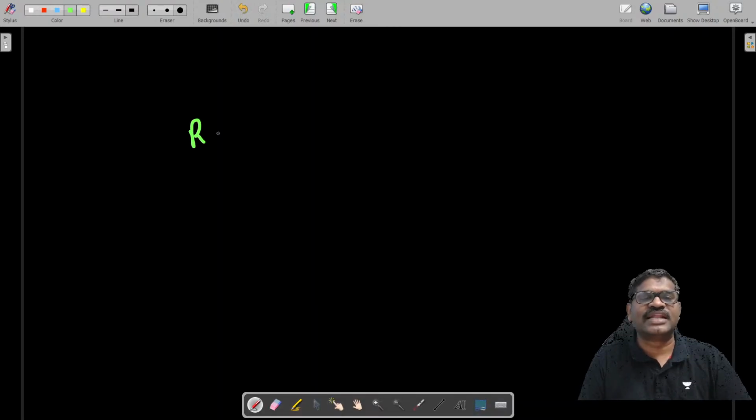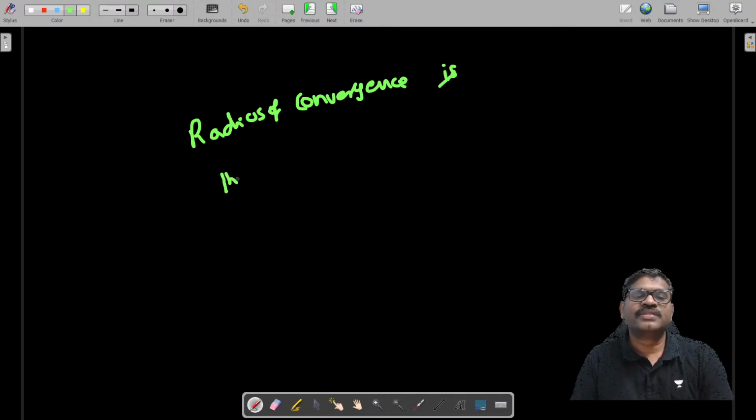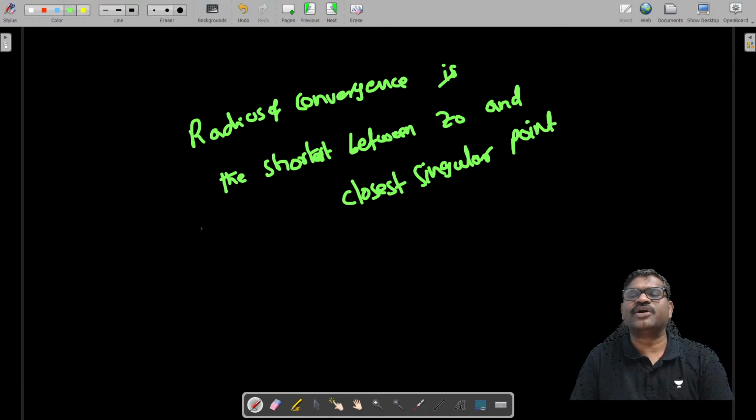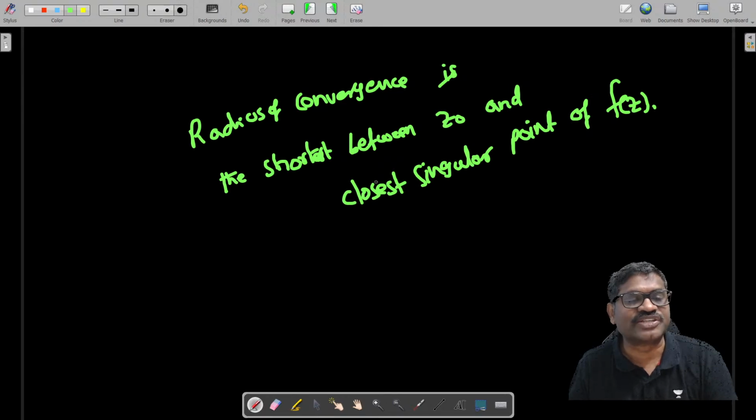Radius of convergence is nothing but the shortest distance between z naught and the closest singular point of f of z. Why have we mentioned the closest singular point?